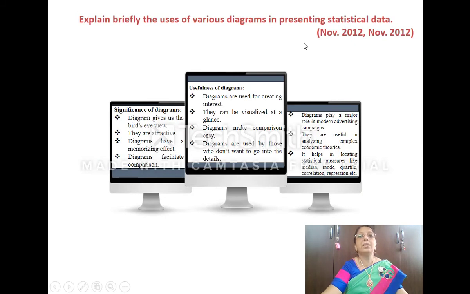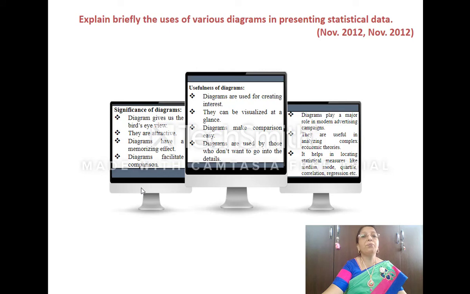Now, the uses of diagrams, the significance of diagrams. Diagrams give us a bird's eye view. It is very attractive. It has a memorizing effect: once you look at it, you can have it memorized, and diagrams facilitate comparison. Diagrams are used for creating interest, because it can all be visualized at a glance and comparison is easy.